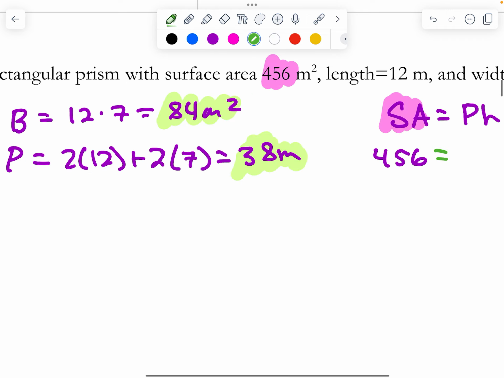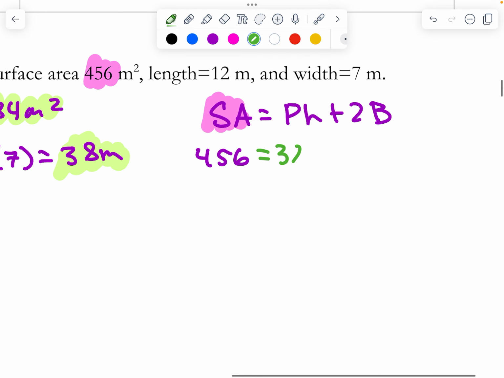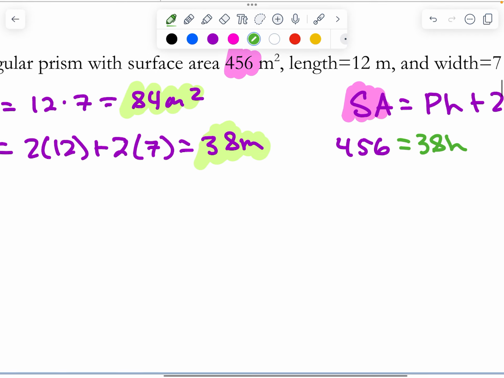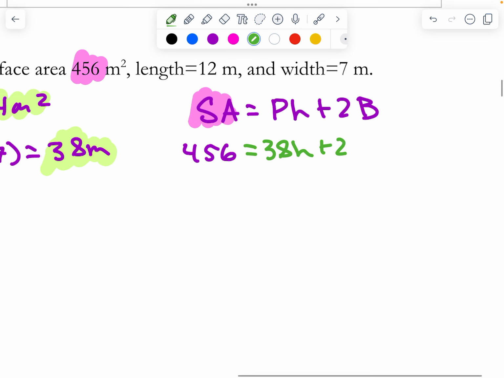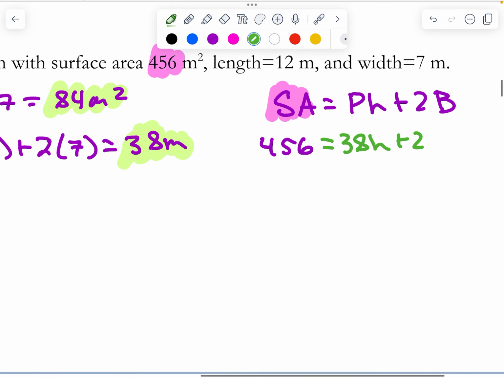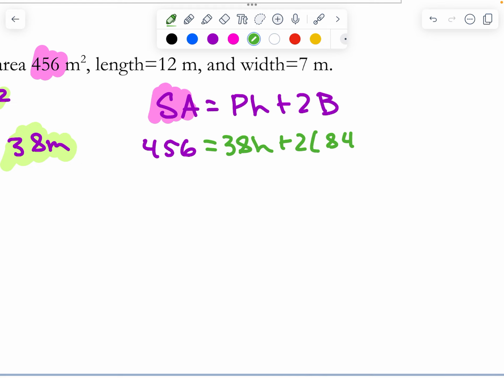This is going to equal my perimeter, which we got to be 38, times height. We don't know my height, but we do know my base. My base is 84. 456 is equal to 38 times height plus 168.